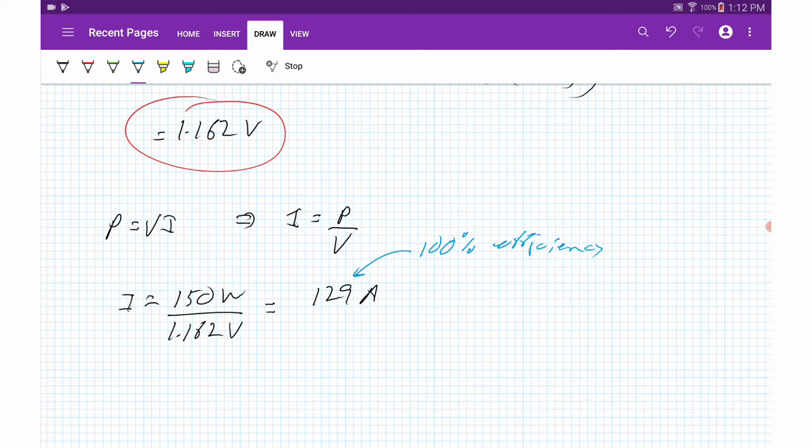So, do we need a number that is bigger than 129 or smaller than 129? And the answer is you ultimately need a number that is bigger than 129. So to factor in the efficiency calculation, you're going to either multiply or divide by the 0.55 to give you a number that is bigger than 129. And the answer is simply to divide by 0.55, which is the efficiency.